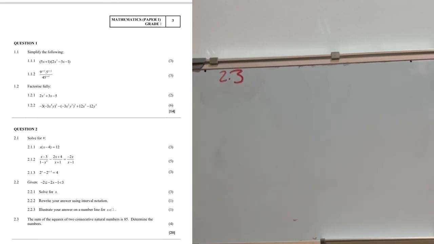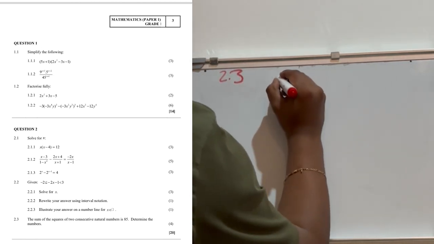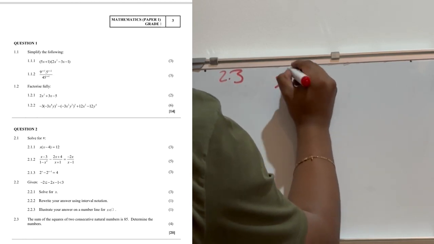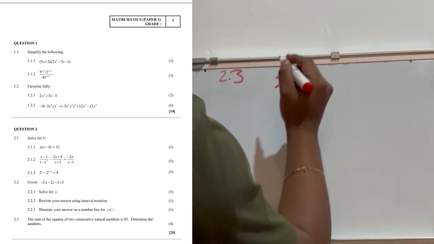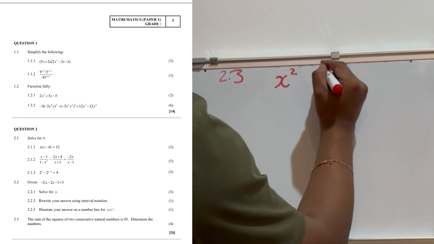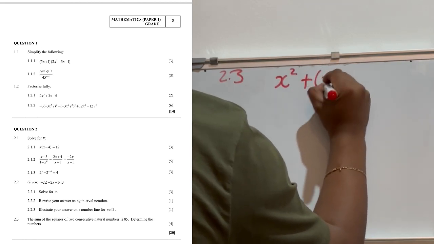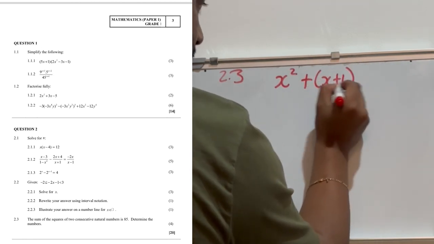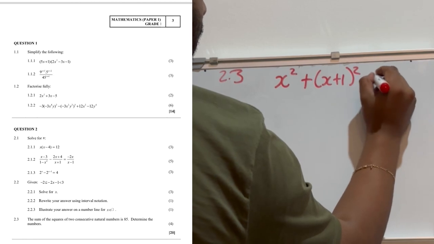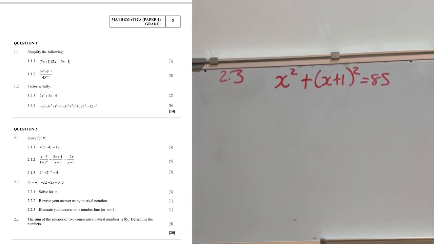So question 2.3, they say the sum of the squares of two consecutive natural numbers is 85. So if we say x is a natural number, so we're going to say x squared, because they say the sum of the squares of two consecutive numbers. Then it's going to be x plus 1, because that's consecutive, squared, equal to 85.